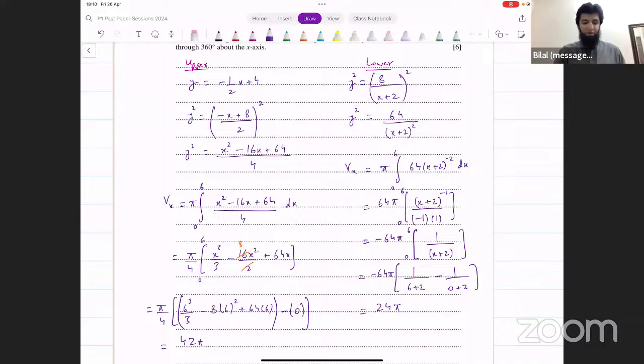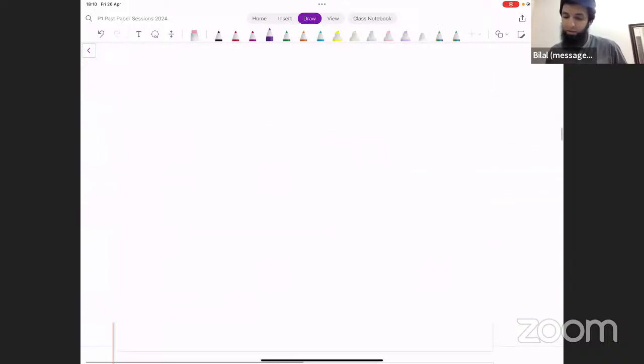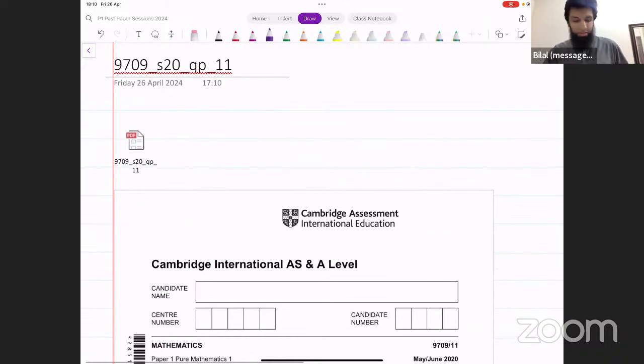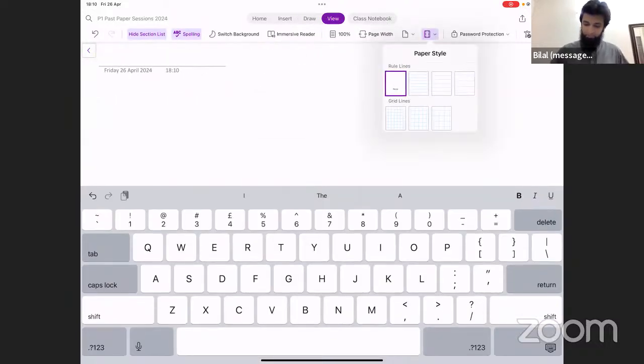Let's have a look at the next one quickly now. These were the difficult questions in the first paper that you asked about. Now let's move on to the second one, which is June 2020, paper 1, variant 3. Let's start that.